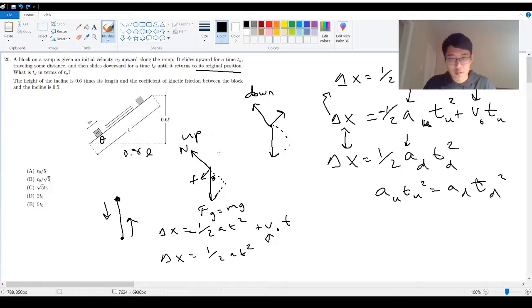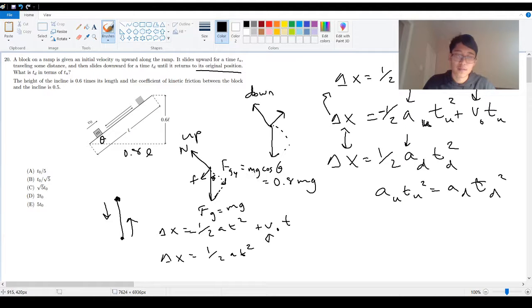So let's see what the force of friction is. So the FG y component is equal to mg times cosine of theta, and cosine theta we can see from this similar triangle is 0.8 L over L, so 0.8 times mg, right?